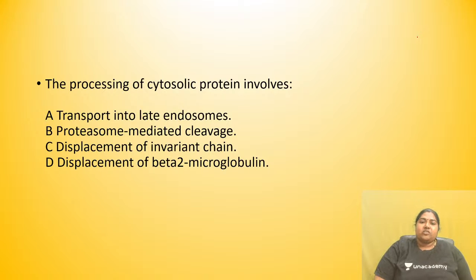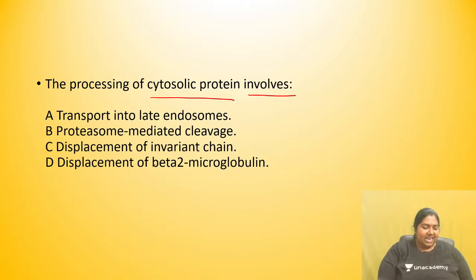Okay, right. So the processing of the cytosolic protein, it involves which of the following? The options are transport into the late endosomes, proteasome mediated cleavage, displacement of the invariant chain, and displacement of beta 2 microglobulin.